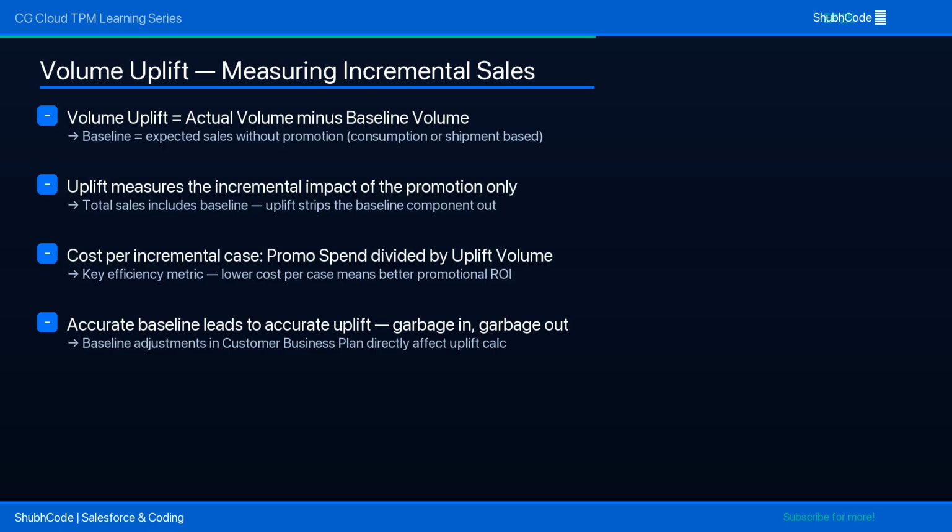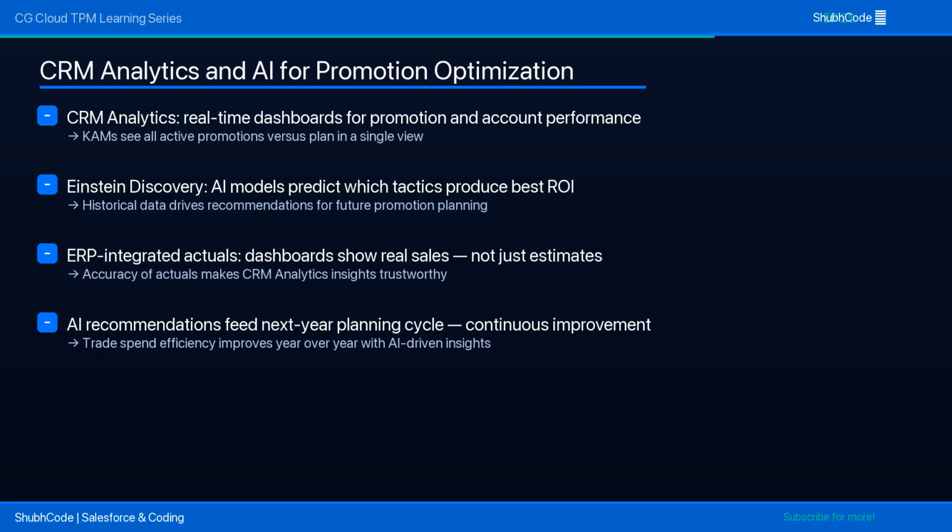CG Cloud TPM integrates with Salesforce CRM Analytics and Einstein Discovery to take post-event analysis further. Instead of just looking backwards at what happened, AI models can predict which tactic types, which accounts, and which time windows historically produce the best ROI. CRM Analytics dashboards give KAMs real-time visibility at both the individual promotion level and the full account plan level.